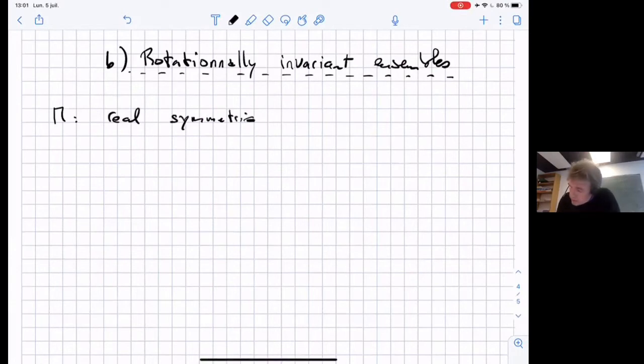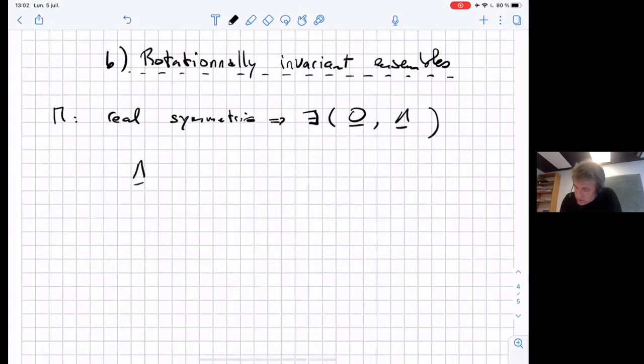And well, then you know that this matrix can be diagonalized, and it can be diagonalized by an orthogonal transformation. So that means that there exists two matrices, O and lambda, where lambda is diagonal.